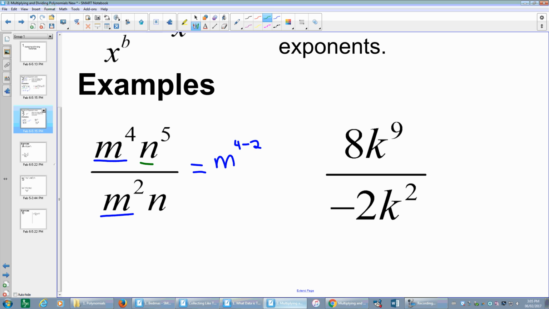Again, I have a letter n, so I'm going to write n. I have an exponent 5 here, so I'm going to write 5. And there's no exponent there, it means the exponent 1, so I'm going to write 5 minus 1. What do I do next? I simplify my answer. This becomes m to the exponent 2, n to the exponent 4.